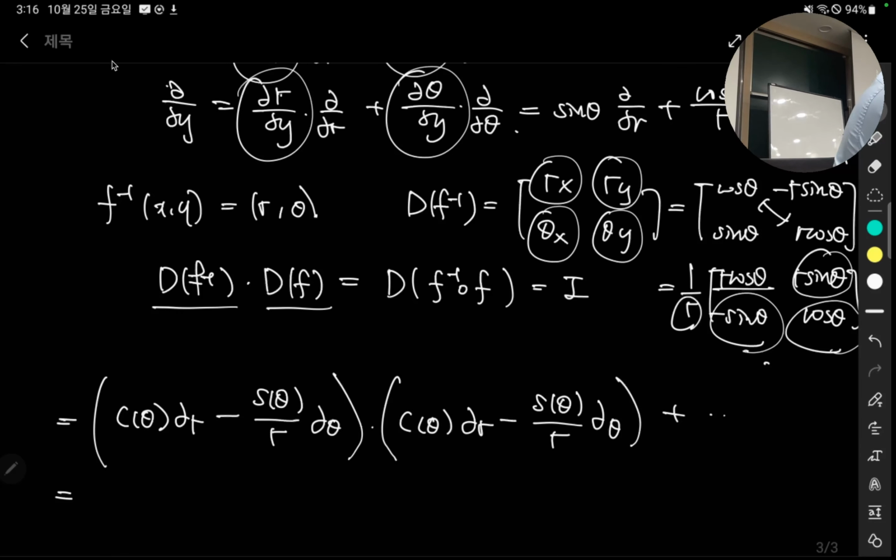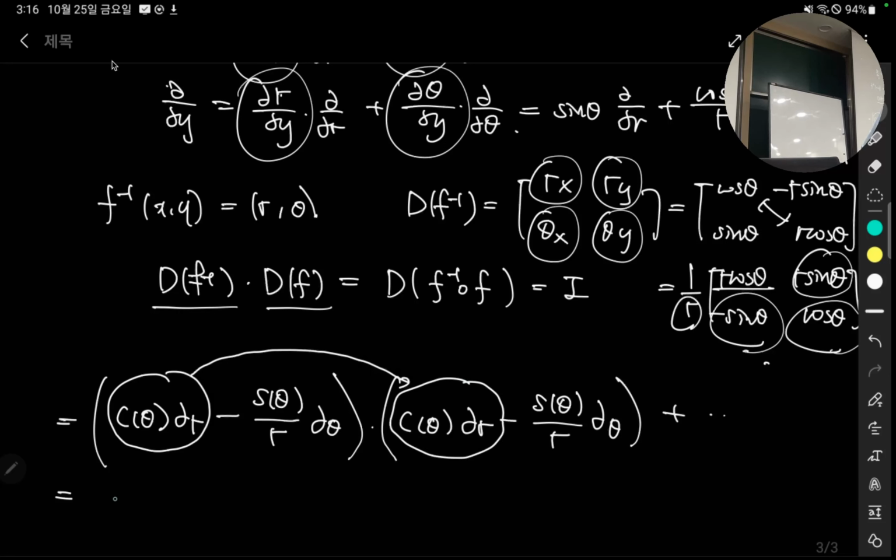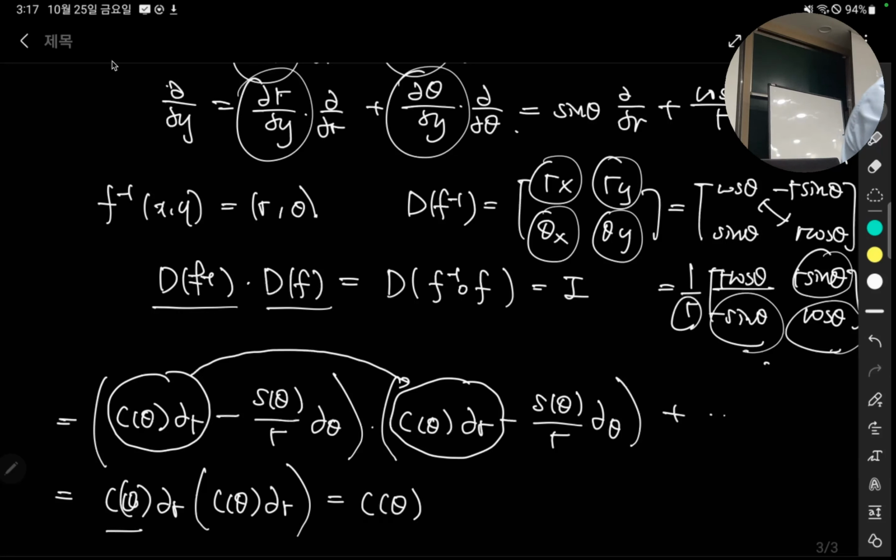So it's the same thing that you applied: you want to operate this operator onto here. So cosine theta ∂r operating on cosine theta ∂r. The cosine theta is just a constant, so we can leave it out.